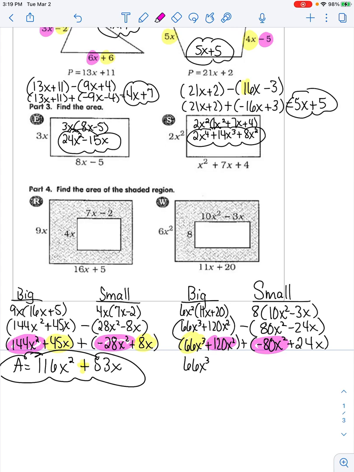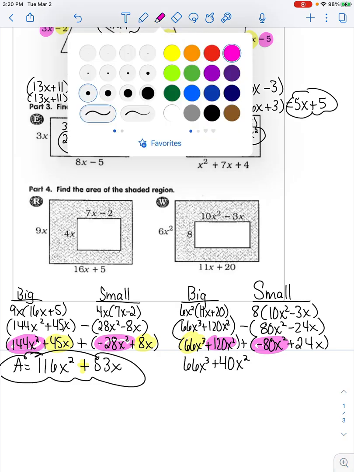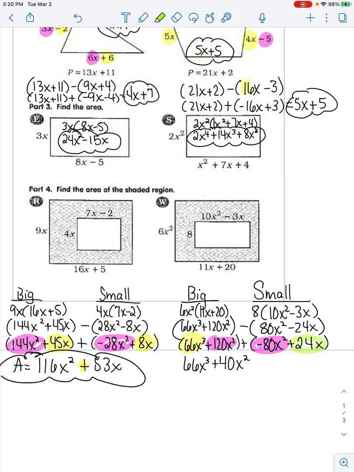I want to do 120x squared minus 80x squared, and that's going to give us plus 40x squared. And then finally, I don't see anything else with an x or any more x terms. So I'm just going to bring down the plus 24x. So the area of our shaded region is 66x to the third plus 40x squared plus 24x.